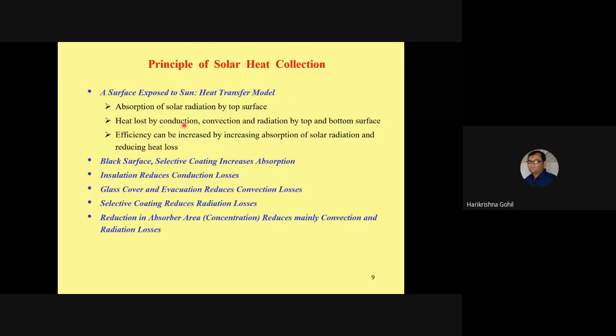Yes, Professor, I can see your question in chat: can we use air heating in a steam power plant to increase efficiency? We use the air preheater in a power plant, but that air preheater is also using the heat coming from the exhaust.